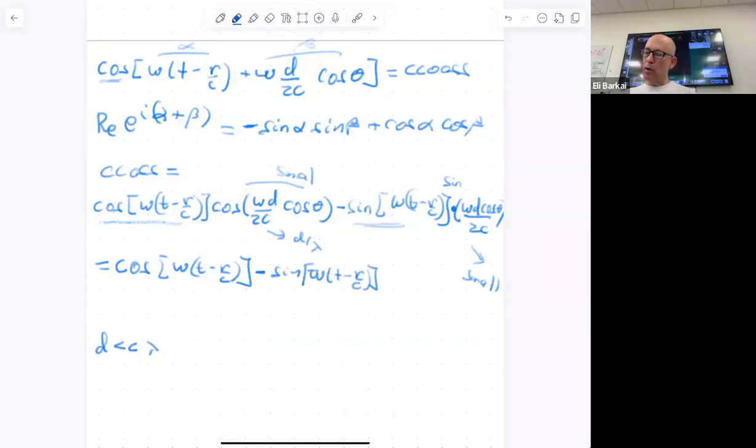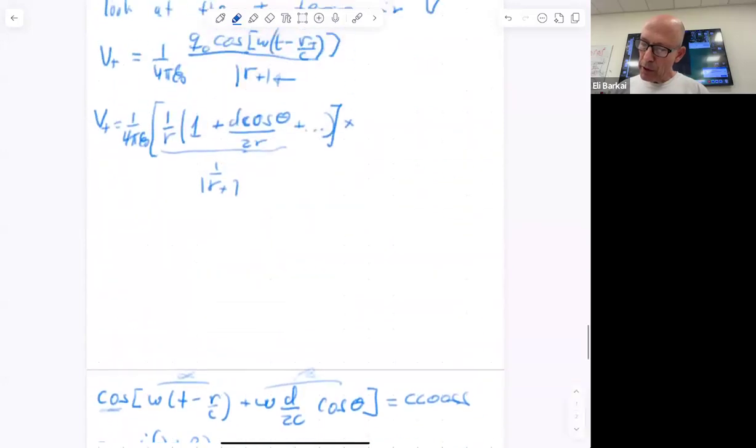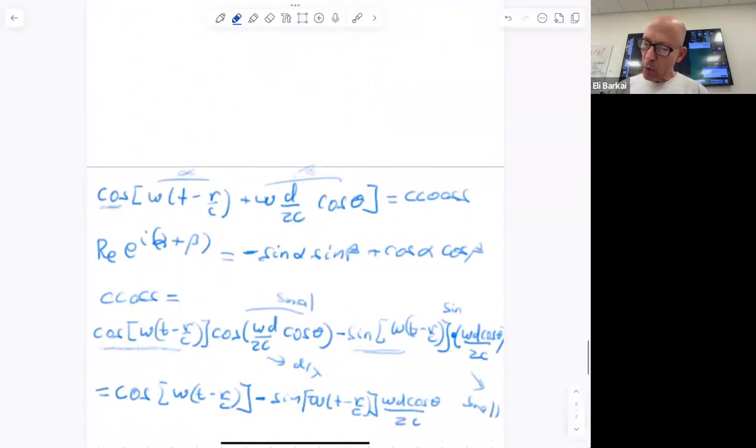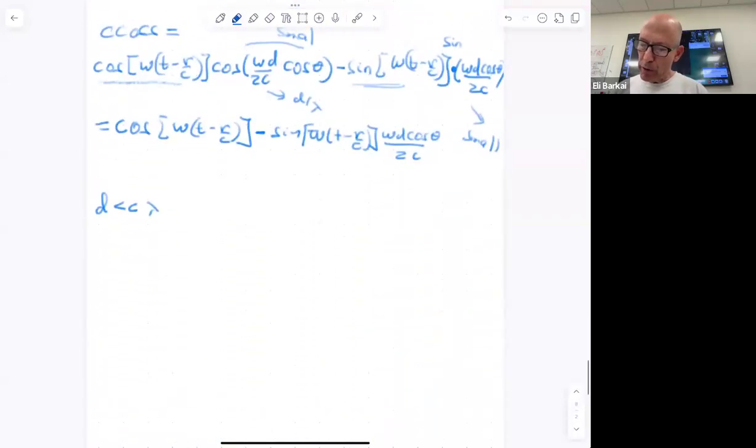And then what is sine of a small thing? I can expand it. So I expand this sine of omega d cosine theta divided by 2c. This is what this cosine enters eventually. You see it enters up here. Now, what did I do? It was mentioned before.